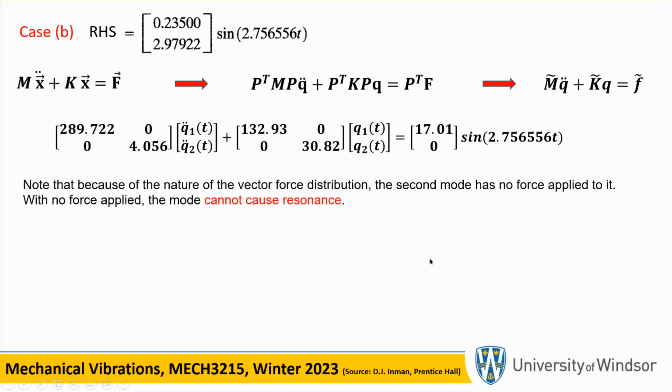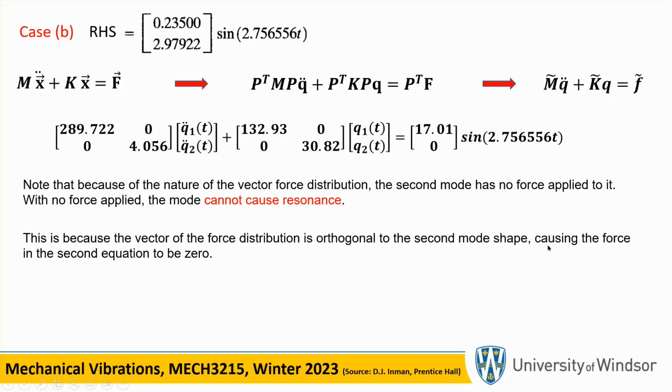But this will not cause resonance, and I will tell you why and what I mean by that. Notice that the key is the vector of force distribution. This is the vector of force distribution right there.